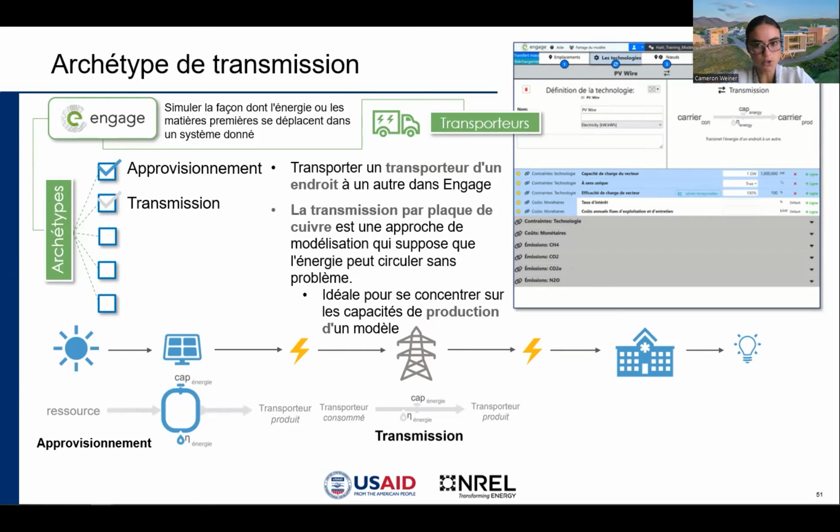We often model copper plate transmission systems in the early modeling stages because we're usually, but not always, more curious about the generation capabilities of our system than the transmission. But of course, that's not always the case, and it depends on what you're trying to answer with Engage.